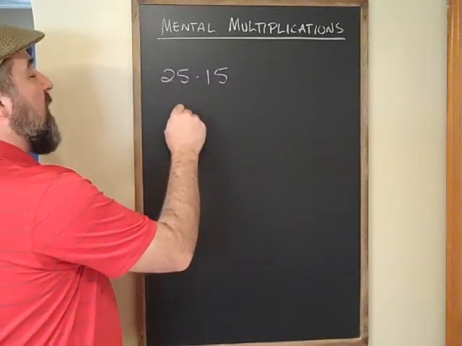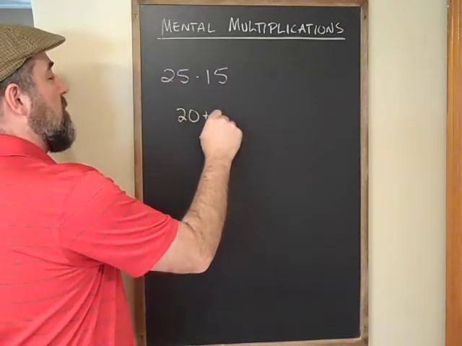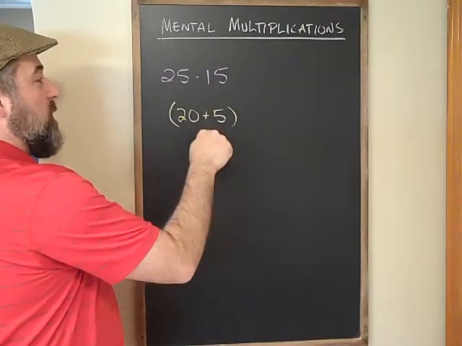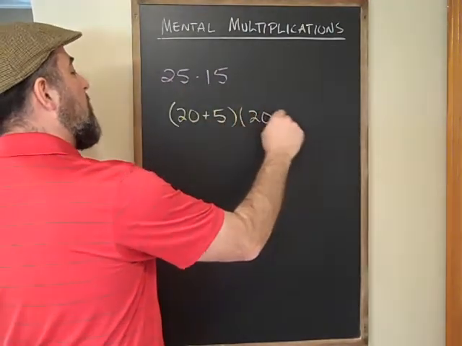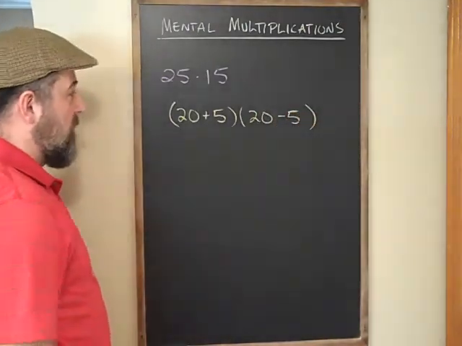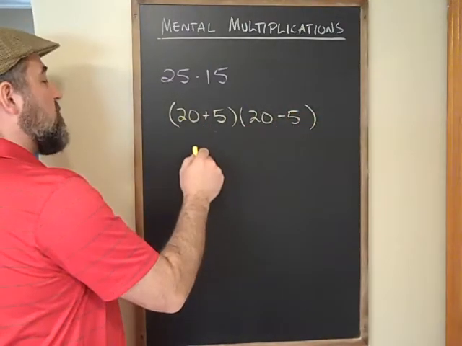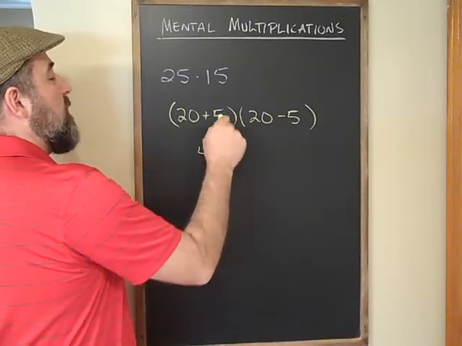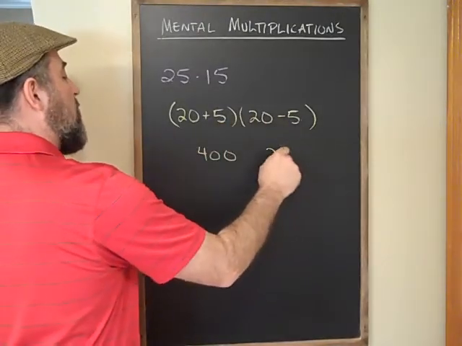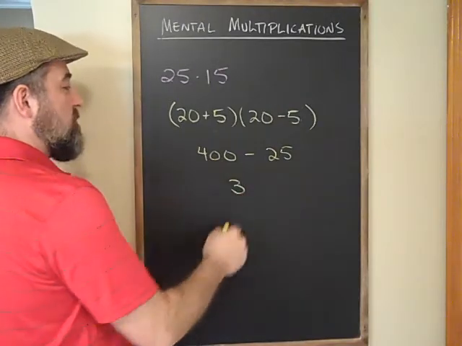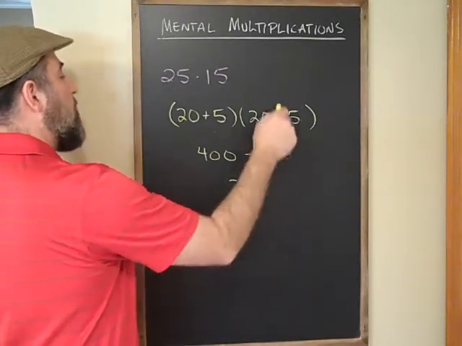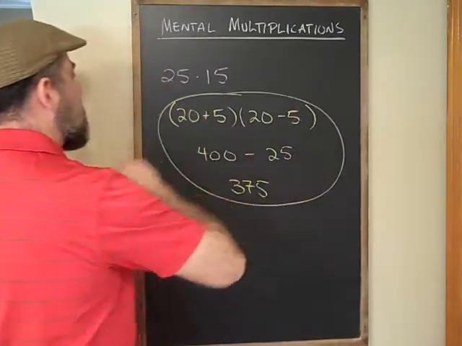This one is 5 more than 20, so that's 25, and this one's 5 less than 20. Let's do this. First times first, 20 times 20, 400. Last times last, 25, and it's subtracted. The answer, 400 minus 25, 375, and we're done.